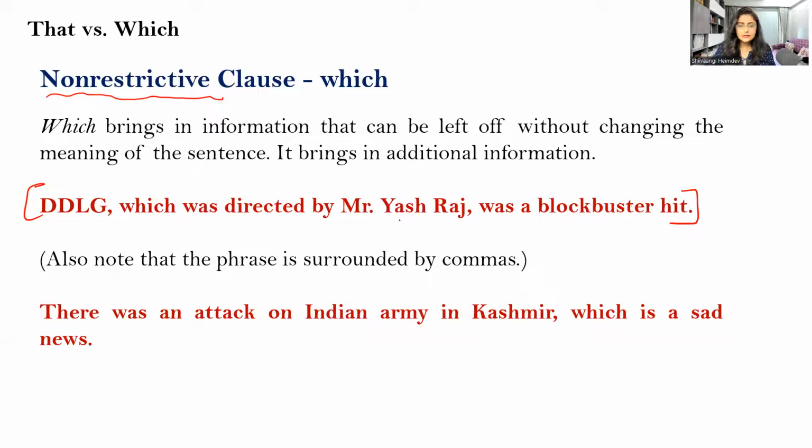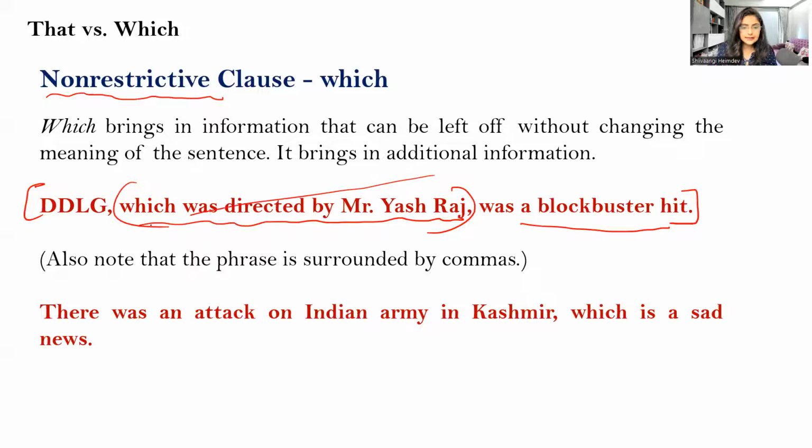DDLG, which was directed by Mr. Yashraj, was a blockbuster hit. Now, say for example, I drop the information that follows, which was directed by Mr. Yashraj, from the sentence. I still have a sentence which says DDLG was a blockbuster hit.